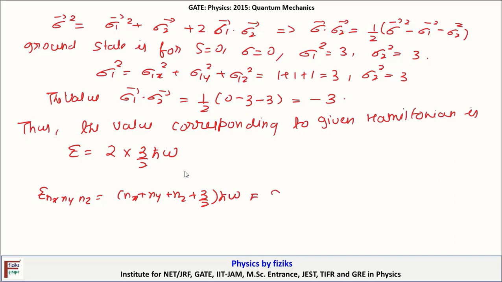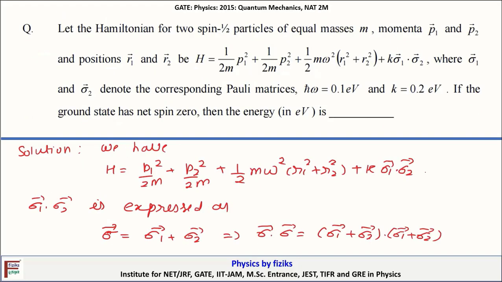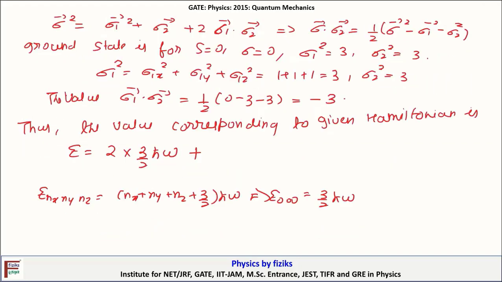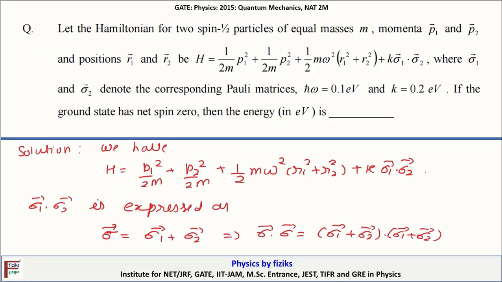So E000 would be 3 by 2 h cross omega here, plus 2 into 3 by 2 h cross omega, plus this term k into minus 3. Now what is the value of k? K is 0.2 eV.